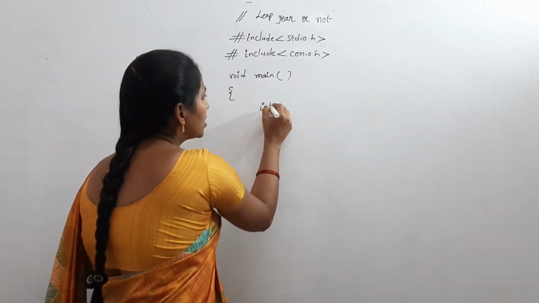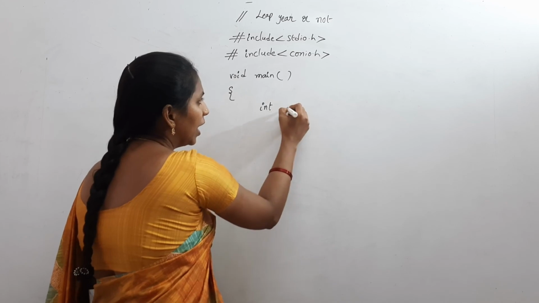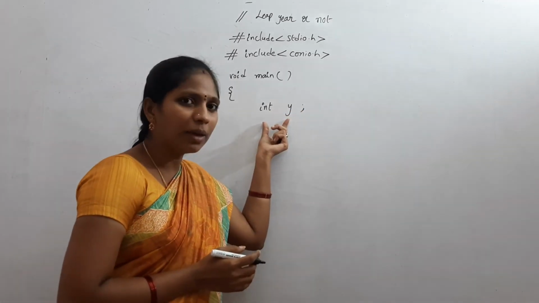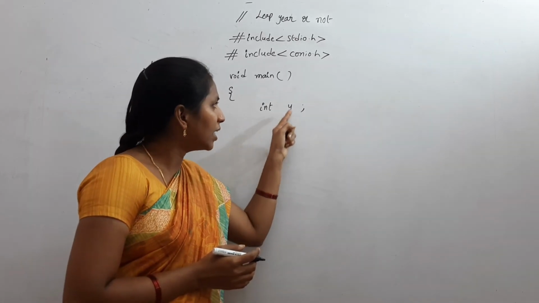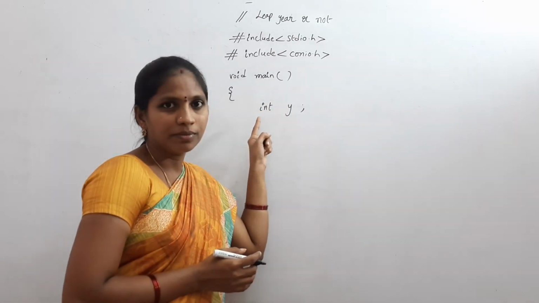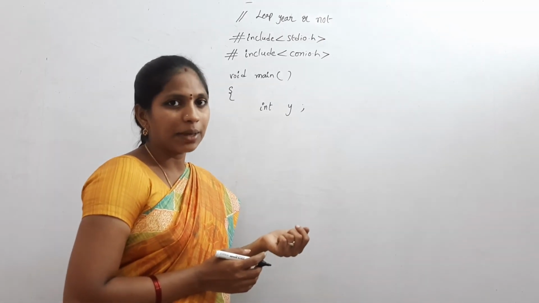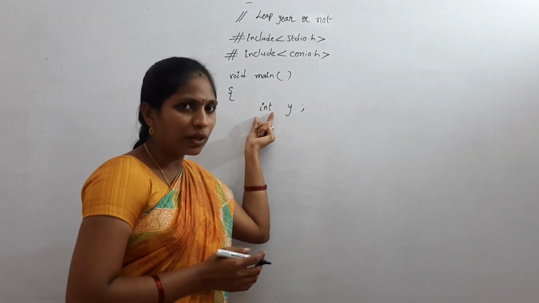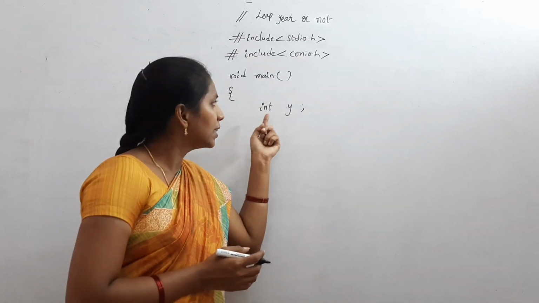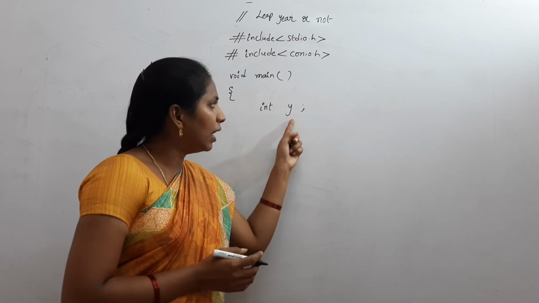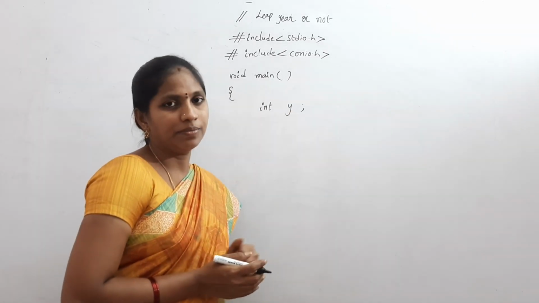So here is the variable declaration section: int y. I declared a variable named y. Which type? Int, because a year is a number, integer type. Int is a keyword, all small letters, and it is a data type. The variable name is y.